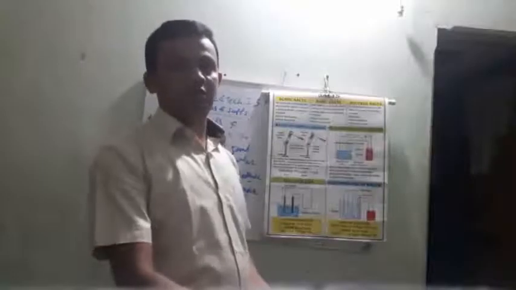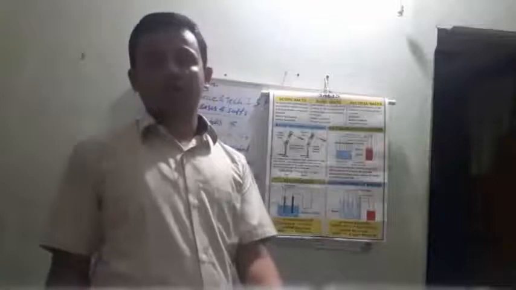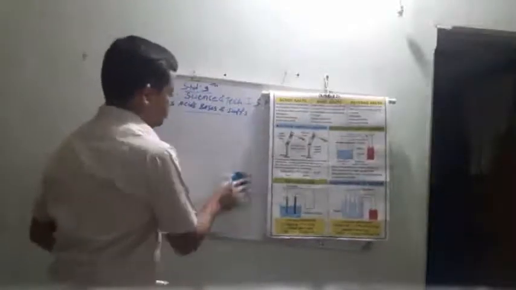Now our next point is electrolysis. You have to write the definition of electrolysis. What is meant by electrolysis? First we have to see the concept of electrolysis, and then we will take an example also.